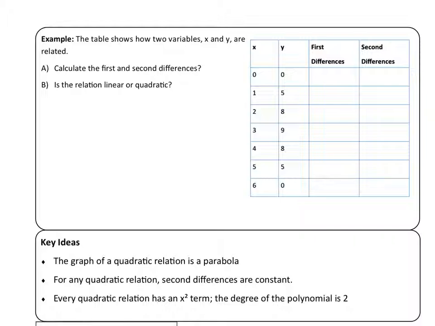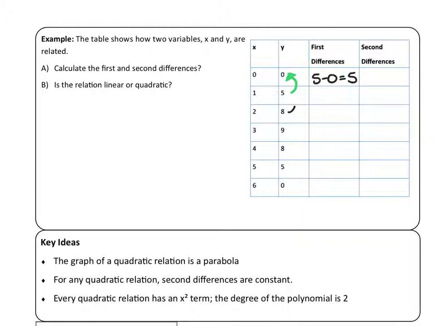So in this example, for our first differences, we're going to subtract this y value from this y value. So it looks like this. We take the one value and subtract the one before it. So 5 minus 0, the difference is 5.